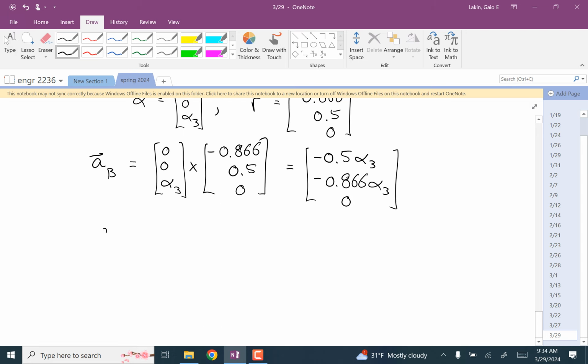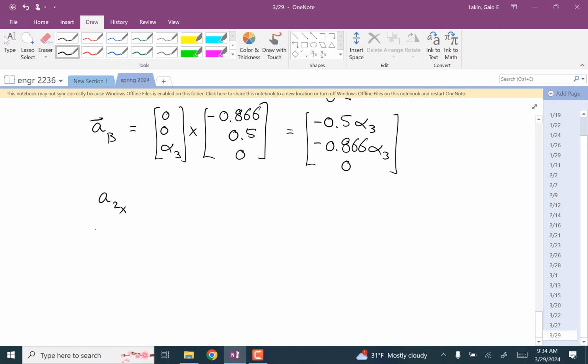So we have A2x, 0.5 alpha 2 plus A2y is equal to negative 0.5 alpha 3, negative 0.866 alpha 3.